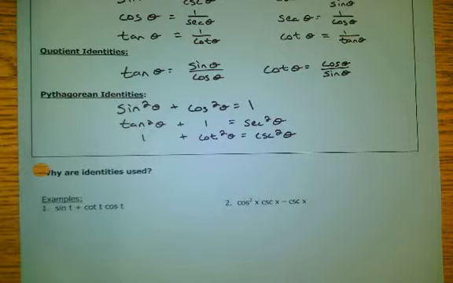Why are identities used? Why do you think we use identities? This is just a filibuster until I pull up the actual answer. Why do you think we use identities? To simplify? I like it.